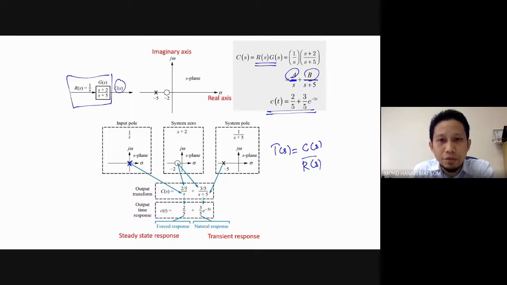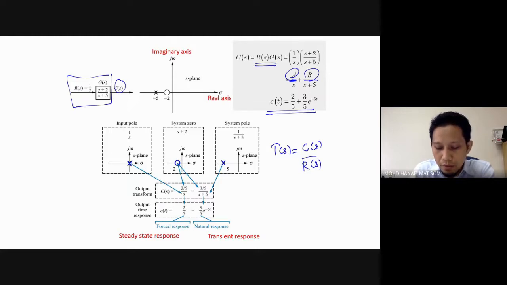For the system zero, you have -2, so you put it on the s-plane on the real axis. And for the system pole, you have 1 over (s plus 5), which you represent by the X symbol at -5 over here.